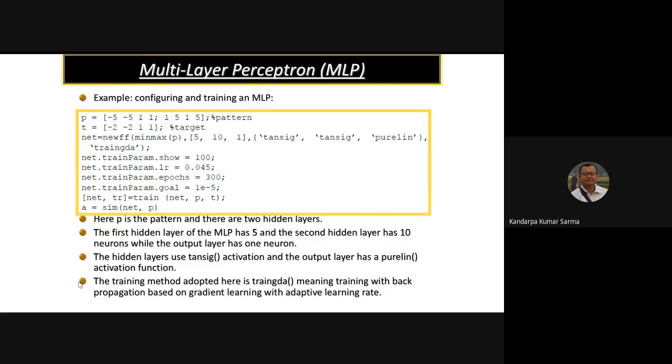So trainGDA, where you have an adaptive learning rate. The rest of the conditions are the same, but here we have used a two middle layer structure. And the two middle layer structure will normally show you better learning.